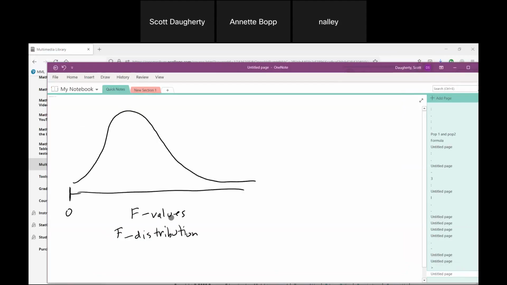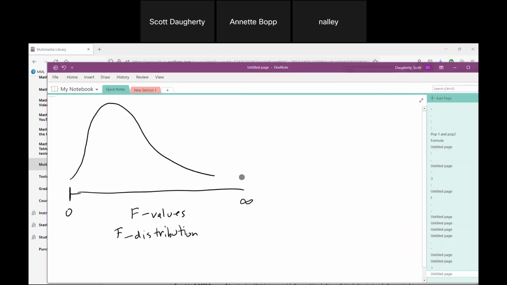In an F distribution, these are called F values. They start off at 0 and they go to infinity. It's not symmetric, so there's no symmetry to it. This peak is shifted to the left. And the shape of this distribution changes depending on the sample size. We're going to have two populations that we're going to be sampling from.